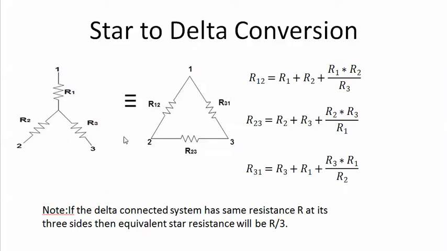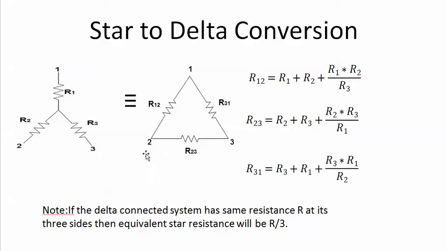Now going to star to delta conversion. Here this is the star resistance converting into delta. So R12 between these two terminals is equal to the sum of the resistances connected to this terminal, R1 plus R2 plus R1 into R2 by the third resistance.